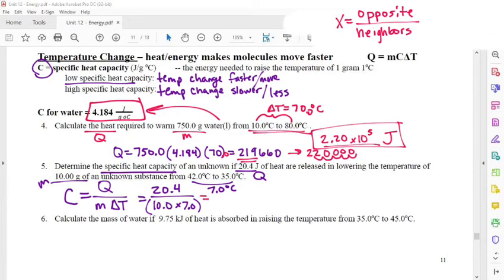Now, if we have plugged this into our calculator correct, and I would highly encourage you to do so, make sure that you can push the buttons, then our final answer here is 0.2914, technically, although 2 sig figs is what I'm going to be limited to, so 0.29.